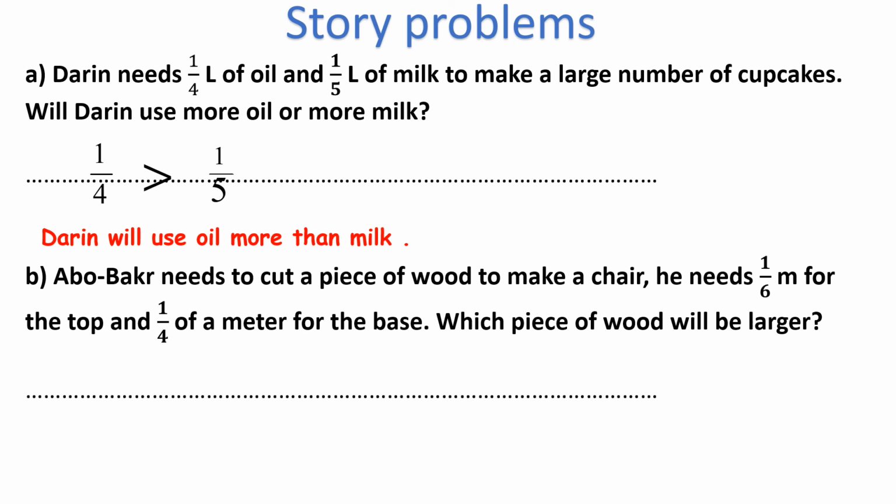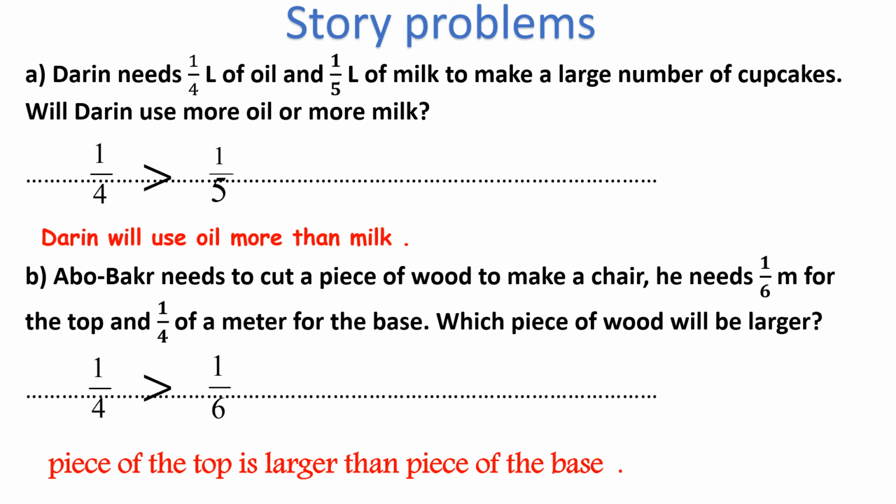As we know, 1 over 6 and 1 over 4 are crazy fractions because they have the same numerator. So crazy fractions tell us that 4 is greater than 6. So 1 over 4 is greater than 1 over 6. So the piece for the base is larger than the piece for the top.